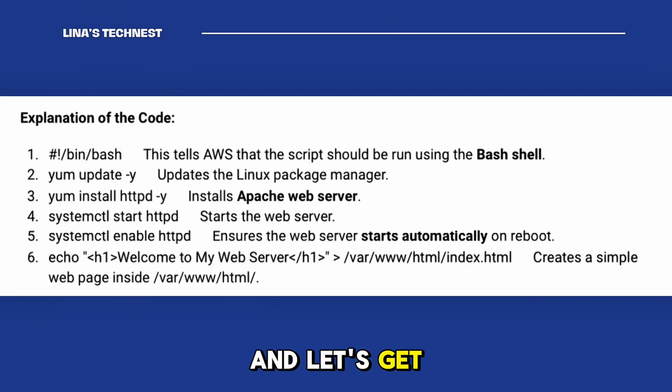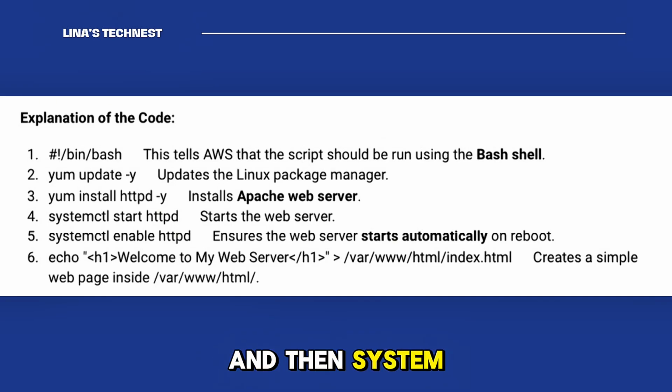Let's get a bit of explanation of this user data. The #!/bin/bash tells us that the script should be run using the bash shell. Then yum update -y updates the Linux package manager. Then yum install httpd -y installs the Apache web server.